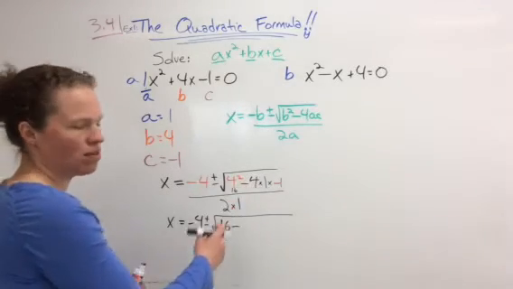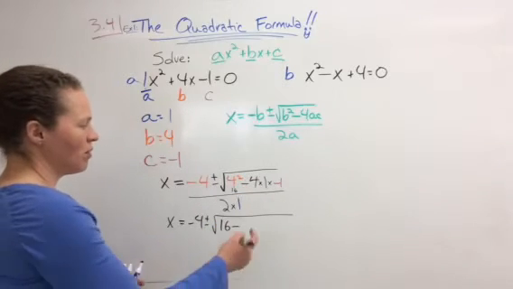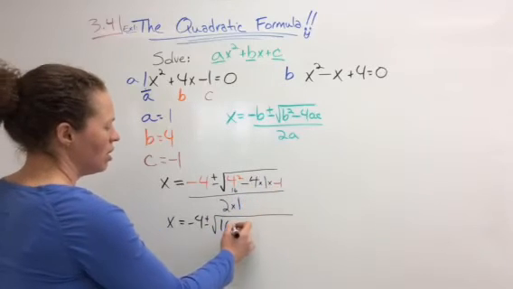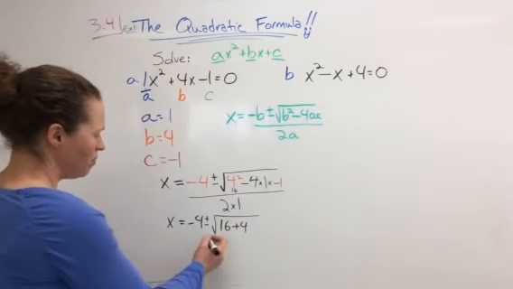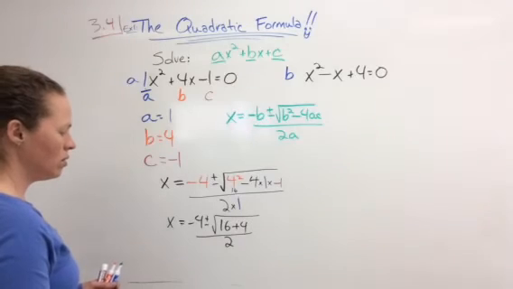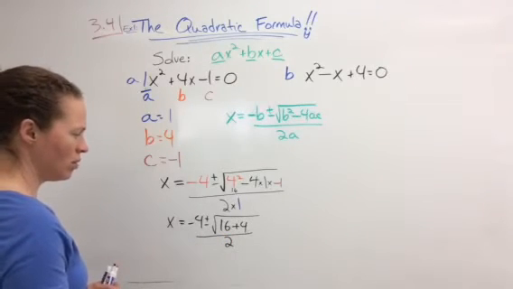I can leave the negative there, or I can assign it to the 4. I'd prefer to just go, okay, negative 4 times 1 is negative 4, times negative 1 is positive 4, and then I'm done. That shortened it up quite a bit. Over 2. So this is going to give me the square root of 20.